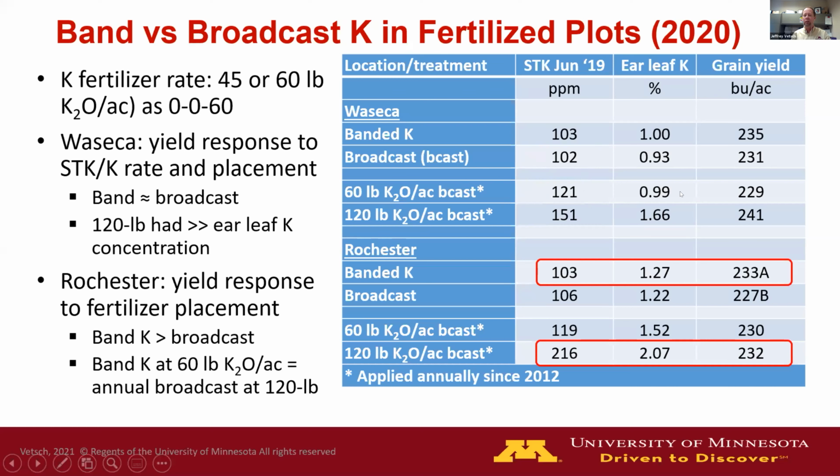The ear leaf K for the 60 is similar to where we banded or broadcast, even though the soil test is higher, and the 120 has a much greater ear leaf K concentration. When we look at yield, statistically I don't think there are any differences, but numerically you might see a difference between this 61 and this 120, where we have 229 to 241. But our banded treatments produce pretty similar yields compared to this 120-pound treatment annually, with a lot less fertilizer.